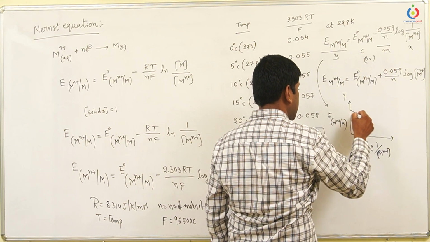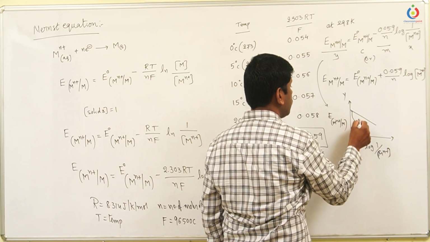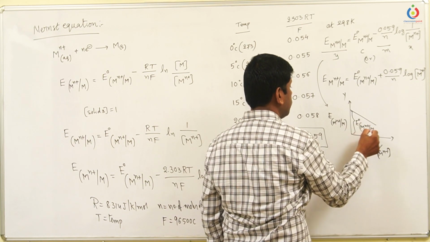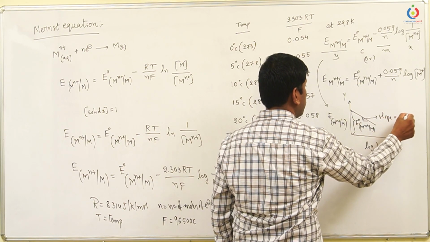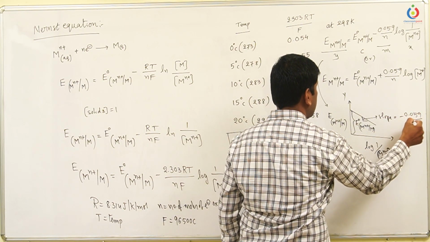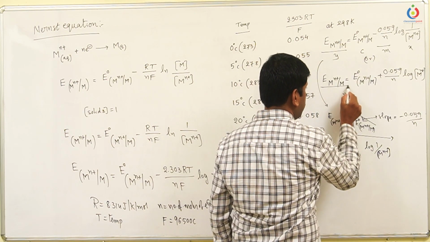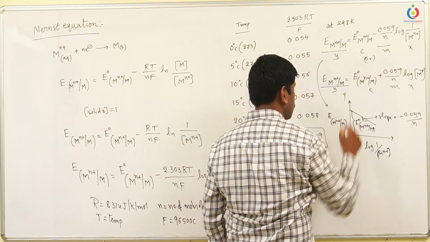So the graph comes like this. This is the intercept, whose value is E naught of Mn+ by M, and the slope is equal to minus 0.059 by n. And if you take this particular equation, y equals mx plus c, a positive slope is there.